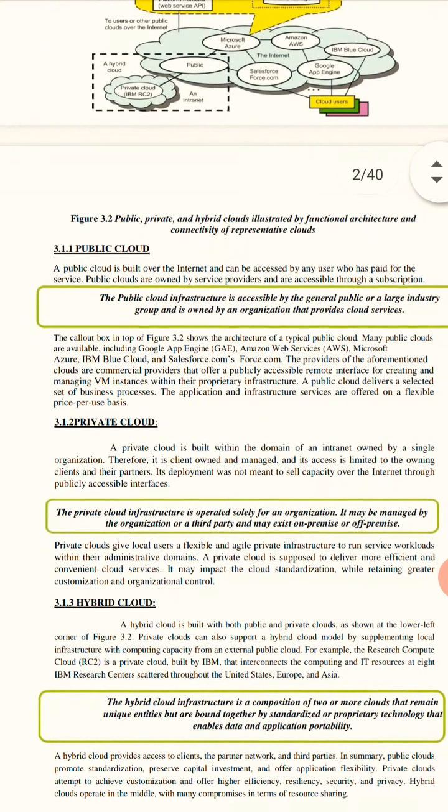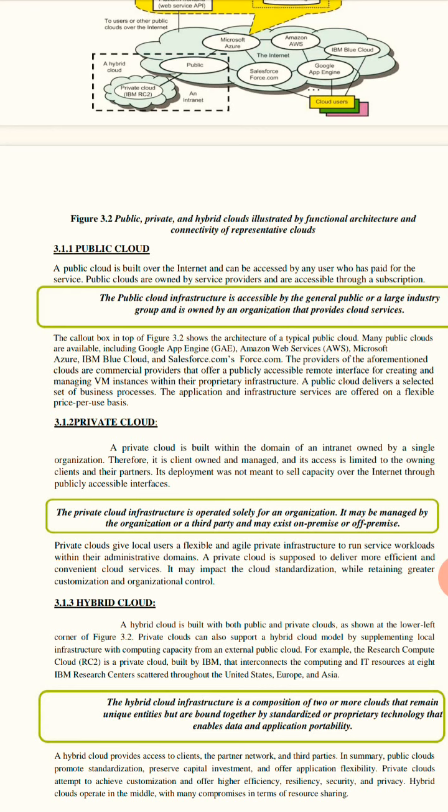The first is public cloud, in which public cloud infrastructure is accessible by the general public or large industry group and is owned by an organization that provides cloud service. It is free to use.